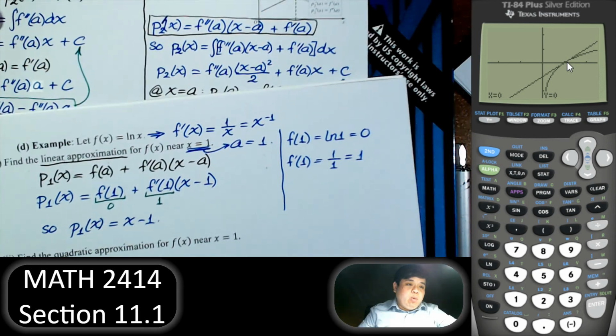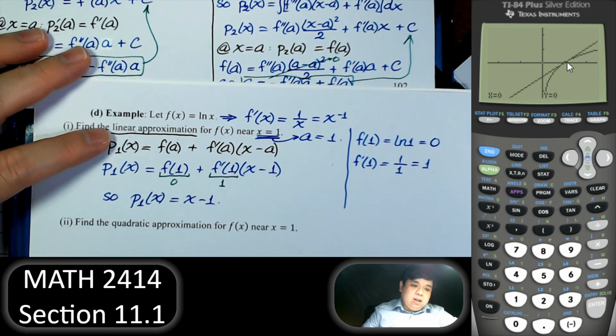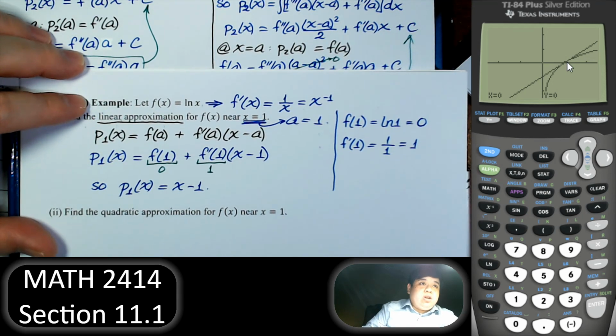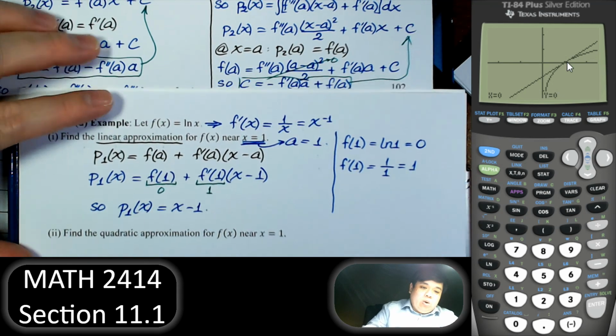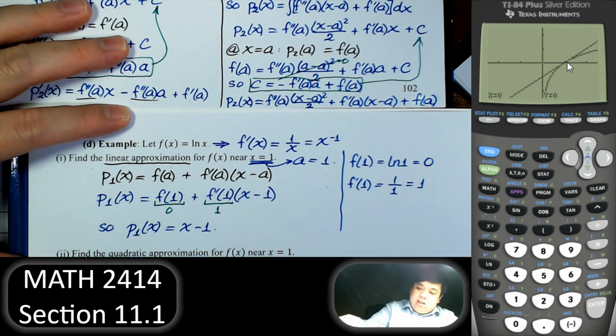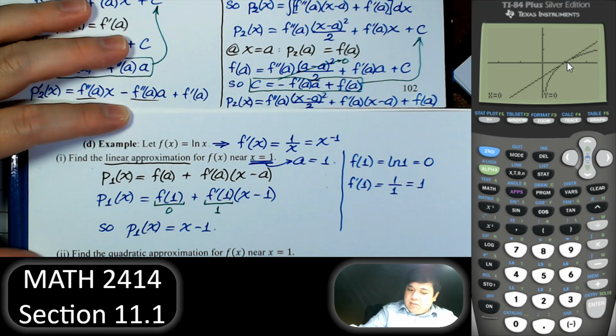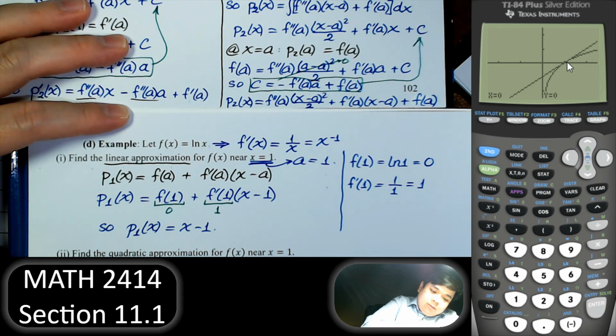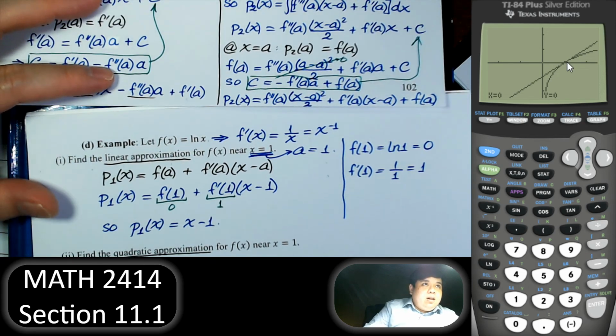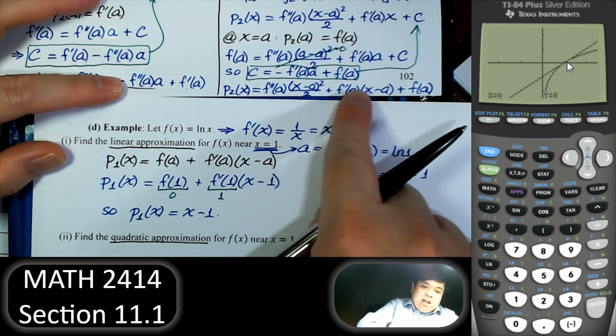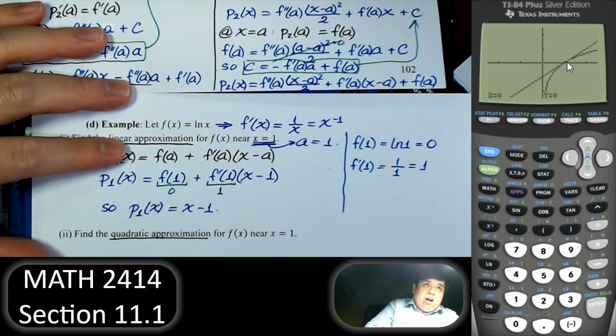Now, if we want to use the quadratic approximation, the quadratic approximation at x equal to 1 is given by this. Actually, I'm going to write this in increasing order of derivative.